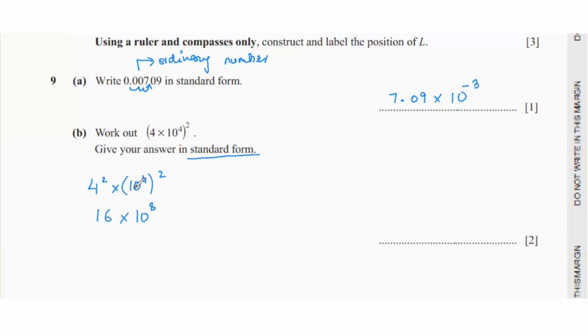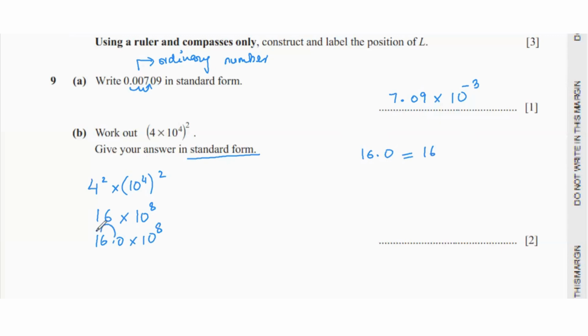And like I told you, in a standard form number, your first digit before the decimal has to be a non-zero digit. Over here, we have no decimal. So to write the decimal, you need to remember that every whole number has a decimal at its end. 16.0 is the same as 16. So we write 16 as 16.0 times 10 to the power of 8.